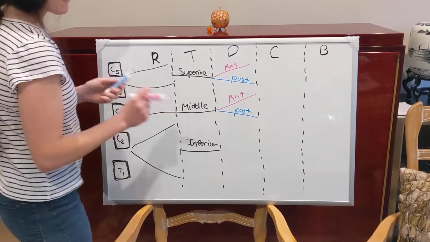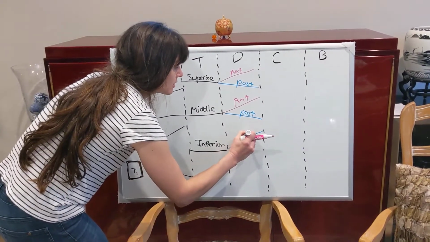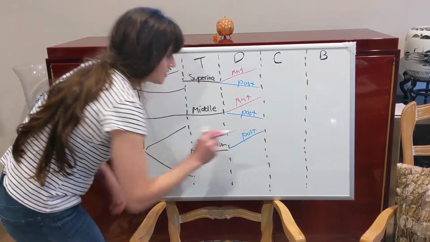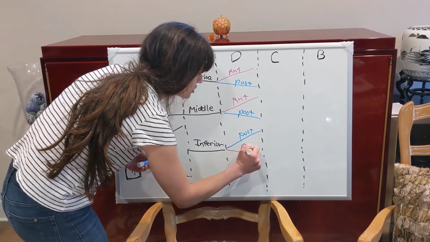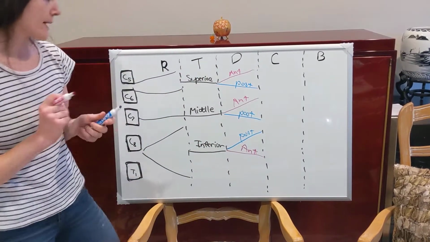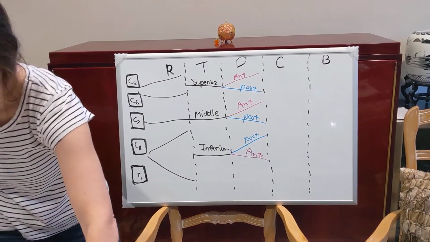But for visual purposes, we're going to put the posterior division up here, and then the anterior division down here. It gets a little bit more tricky.